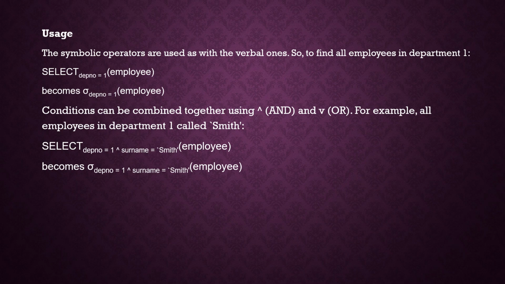So the AND operation combines two conditions, and only if both conditions are true will it display the name and department number of the employee. That is the main advantage, or disadvantage.